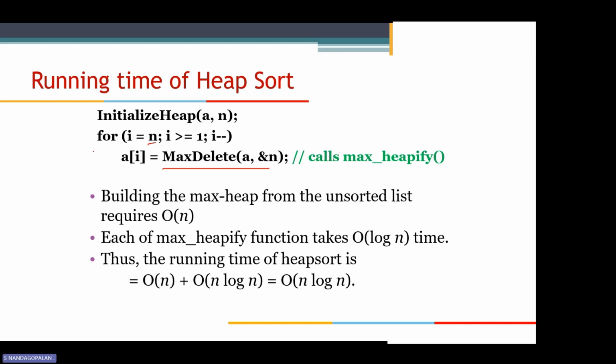Once you finish this, this is a loop of n times. And we have already said building the max heap is of the order of n. And for the max heapify function, the height of the tree is log n.